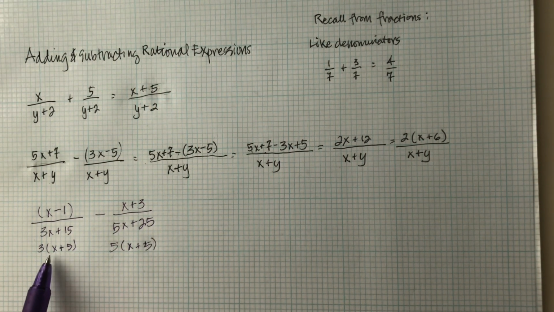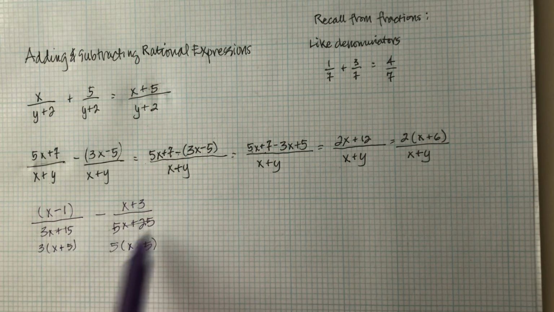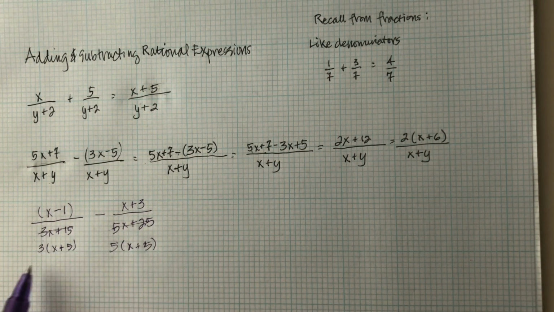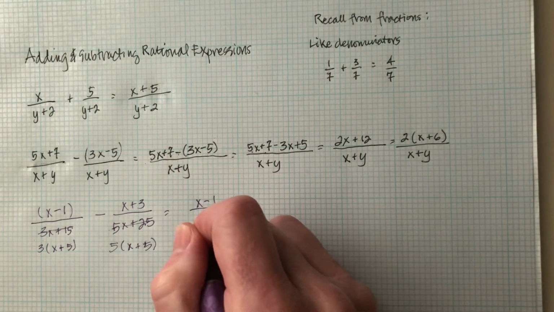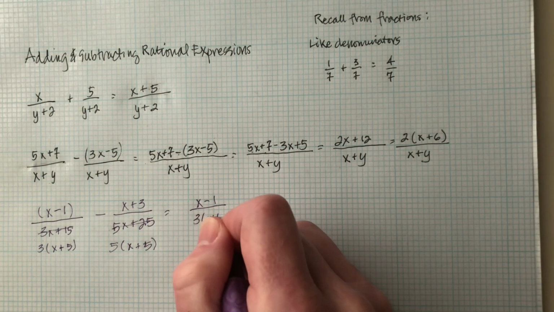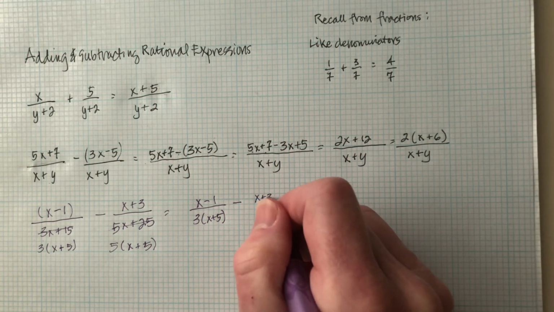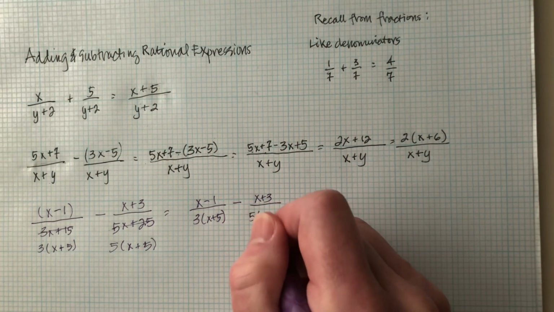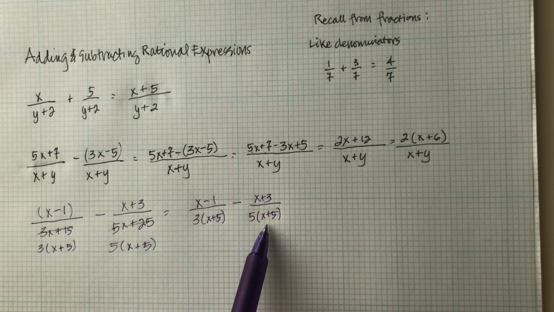Let me rewrite that: x minus 1 over 3 times x plus 5 minus x plus 3 over 5 times x plus 5. So each of these already has a factor of x plus 5.